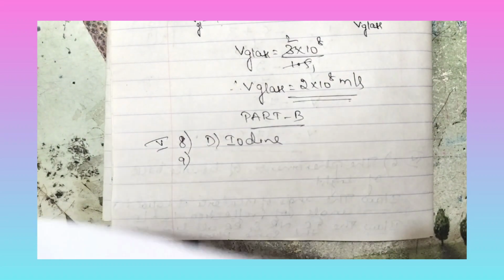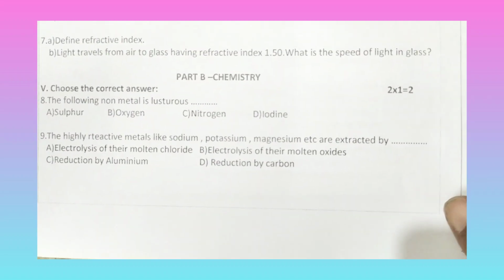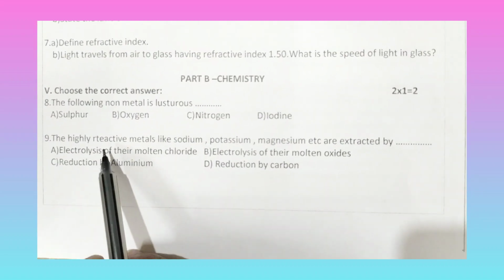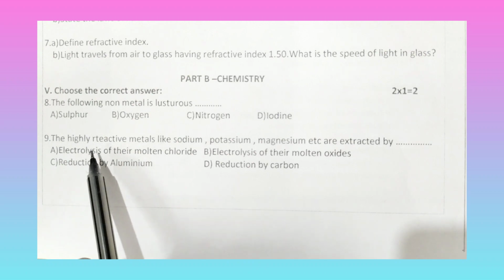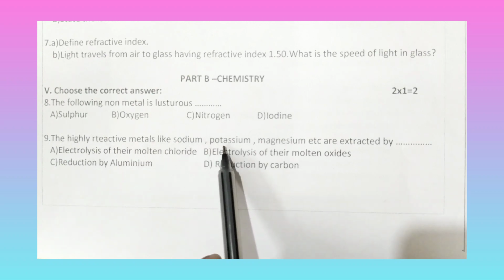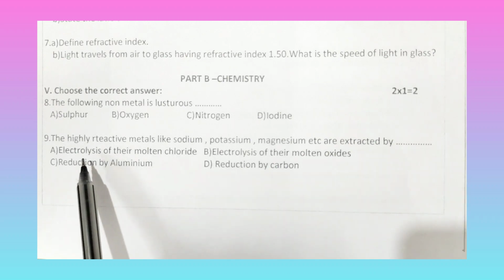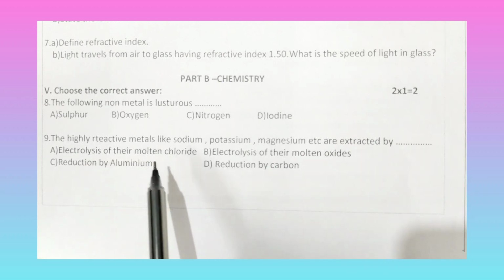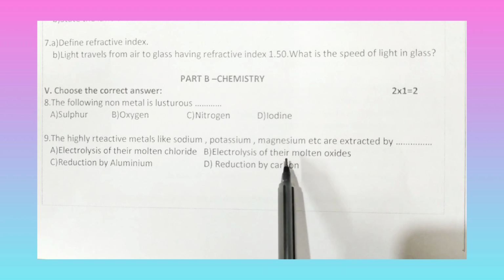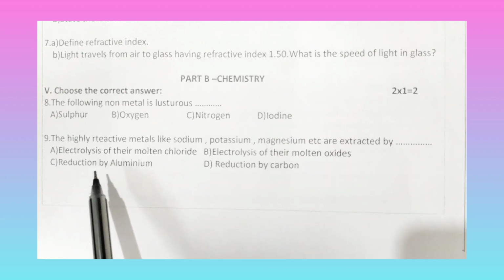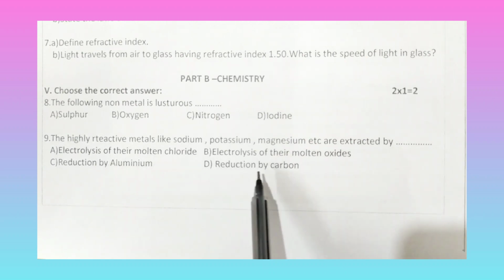Now let us move to the ninth question. The highly reactive metals like sodium, potassium, magnesium, etc. are extracted by: electrolysis of their molten chloride, electrolysis of their molten oxides, reduction by aluminium, reduction by carbon.